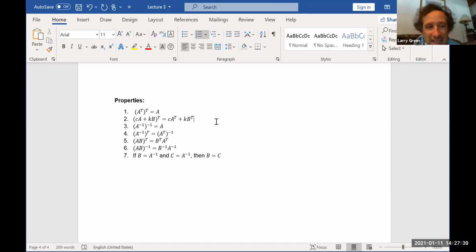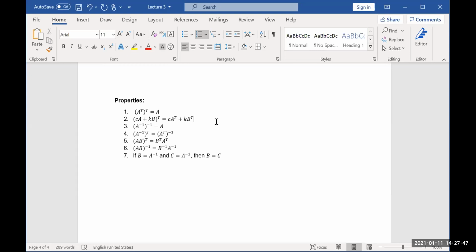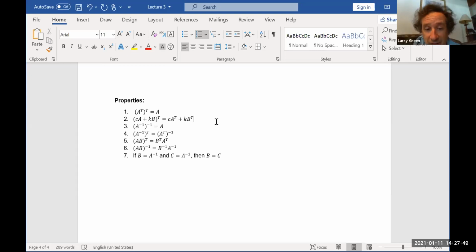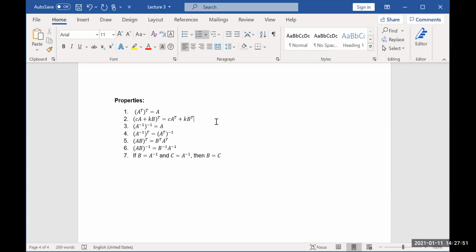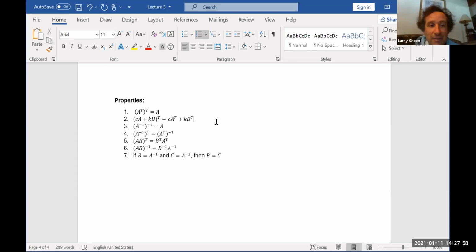It's actually a really easy proof. How do you tell if two matrices are inverses? If I want to find the inverse of A inverse, and I tell you it's B, then that means if I multiply by B, what am I supposed to get?